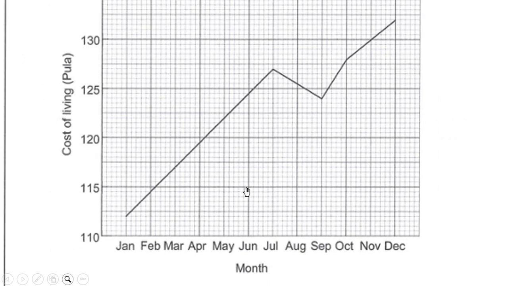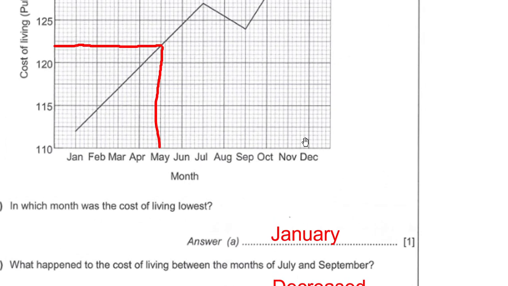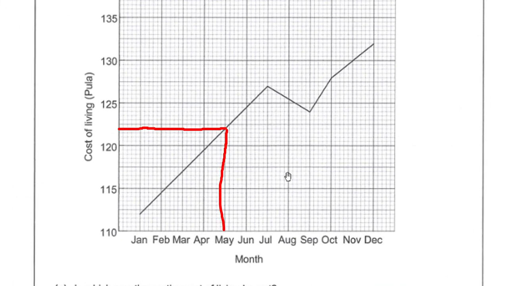As soon as I zoom in, it doesn't allow me to use the pencil there, but let me just try to draw. That's May there, and then we will try to extend it that way, like that. That should give us a value. Okay, so let's zoom in and see what that figure is.